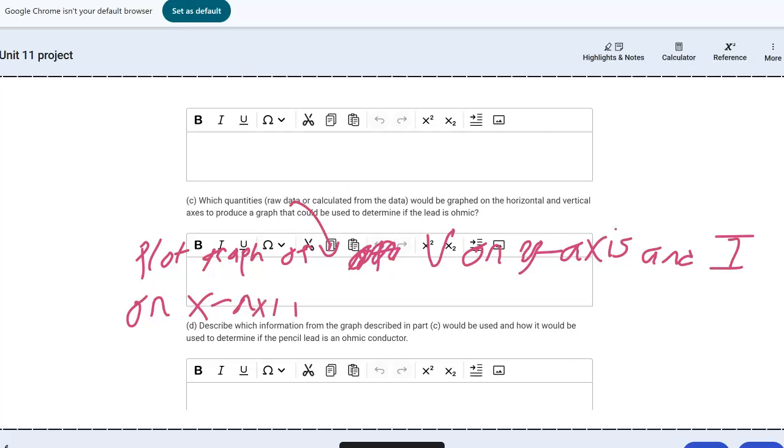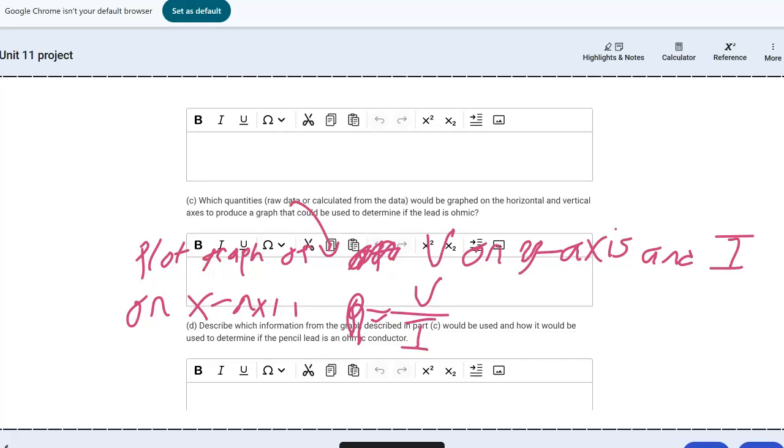Then I draw a best fit line, and if the data points form a straight line that passes through (0, 0), then the pencil lead would be ohmic, because resistance is V over I. That would mean resistance is constant.